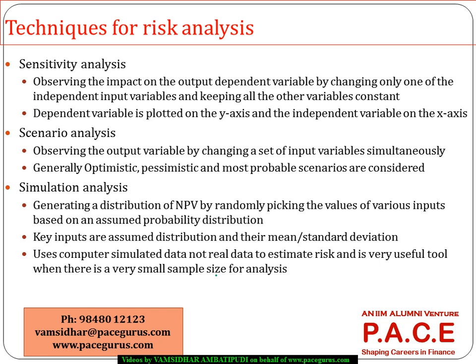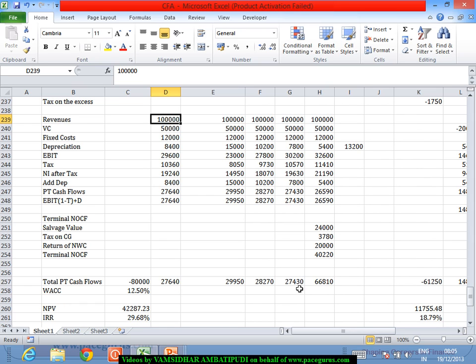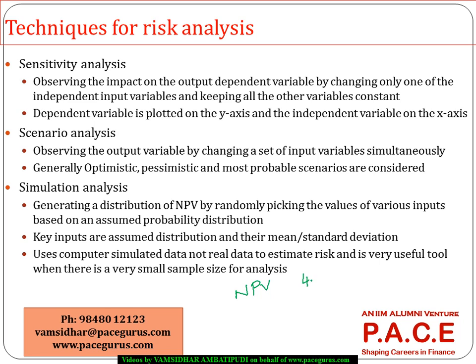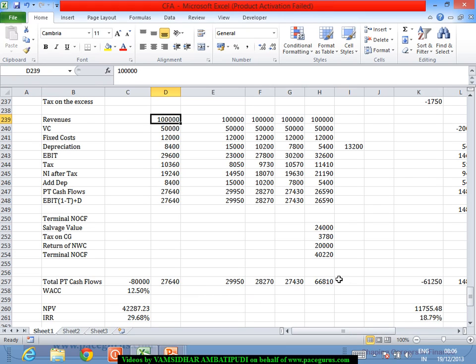I'll just play with one or two. Currently the NPV is 42,287 and IRR is 29.68%.